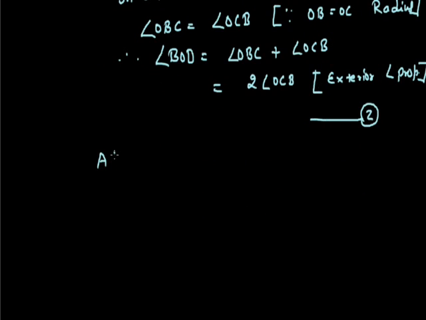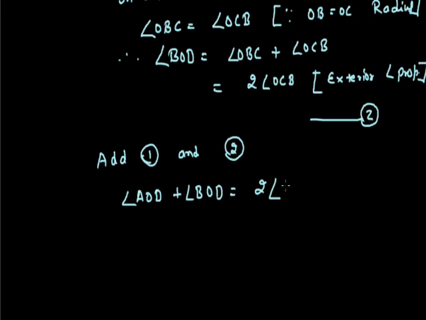Now add 1 and 2. So angle AOD plus angle BOD is equal to twice of angle OCA plus twice of angle OCB.